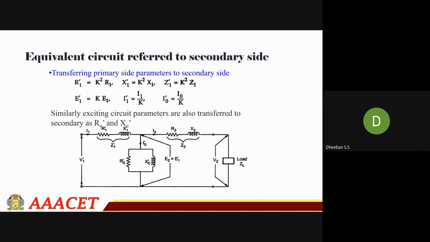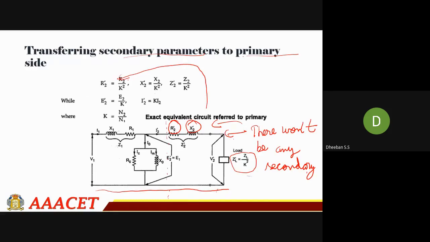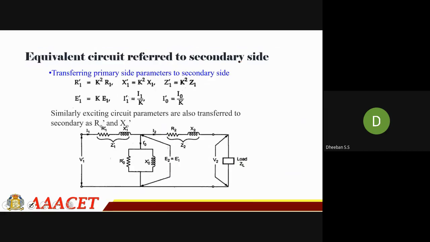So now, after transferring parameters, this is your circuit with reference to the primary. In the next slide, we will see the one with reference to the secondary.